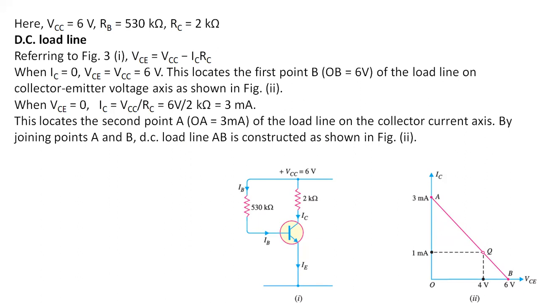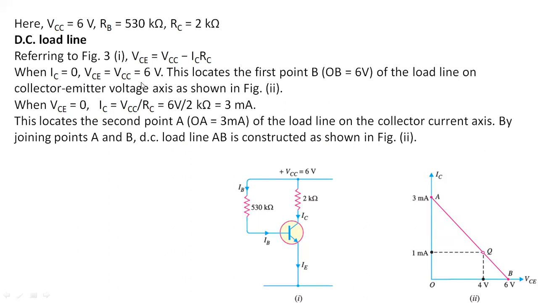Suppose we have to calculate the minimum and maximum values of this line. If we put IC equals 0 first, we get the maximum value of VCE equals 6 volt.